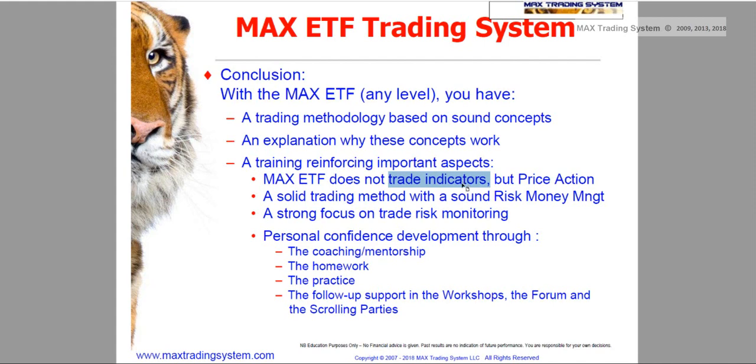This is accompanied, of course, with solid and sound trade risk management and money management. This is also important. If the first aspect is an important aspect of trading, the second one is important too. And I should add also the understanding of the global context.